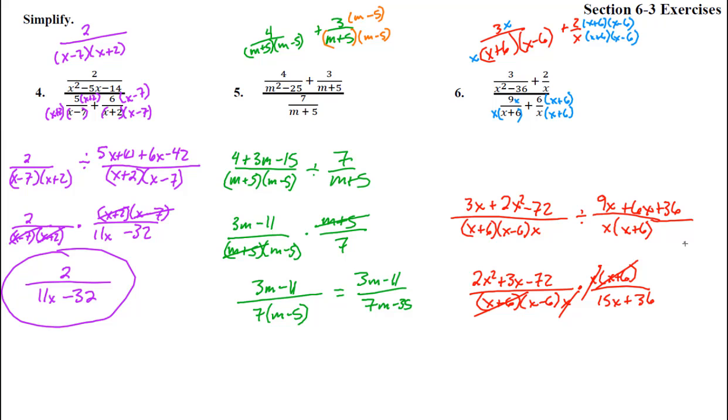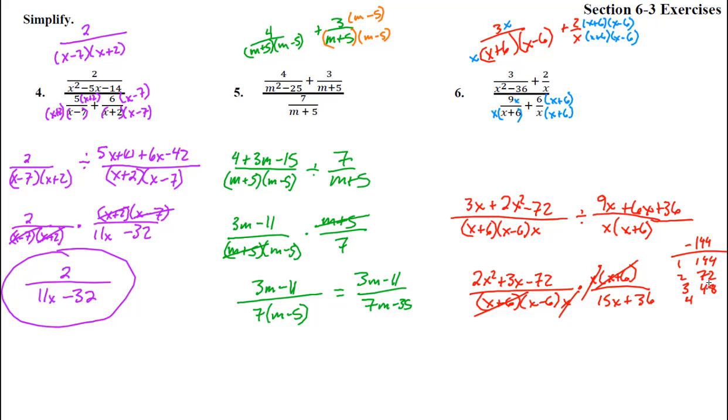2 times negative 72, that's negative 144. 1 and 144, 2 and 72, 3, no, 4 and 36. Oh yes, 3 does go into it. I apologize. 3 goes into it 48 times.